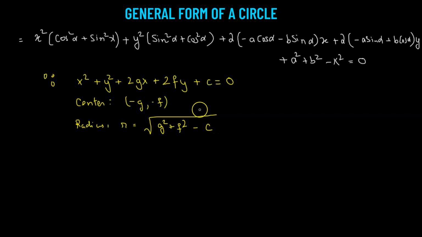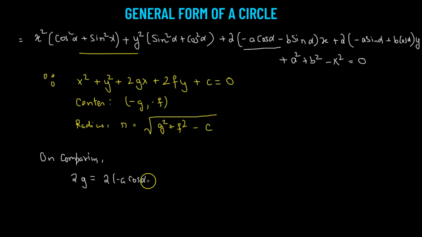Now we'll compare the equation that we obtained with the general equation to extract the information regarding g, f and c. Now on comparing with the general equation, 2g will be equal to 2 times negative a cosine alpha minus b sine alpha.